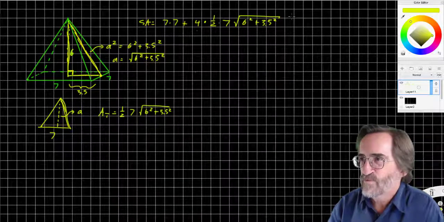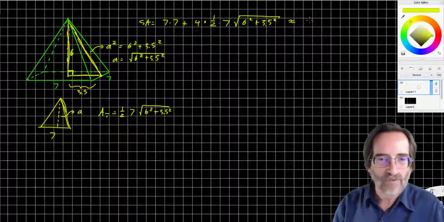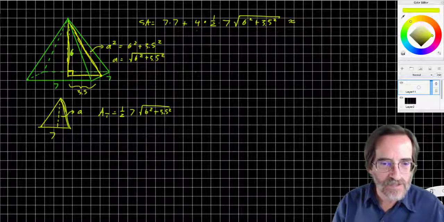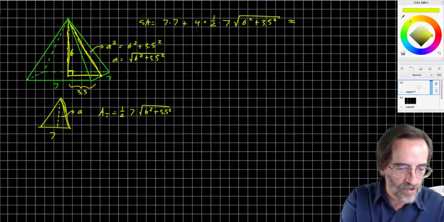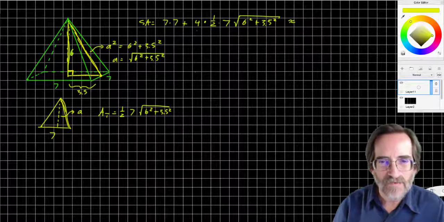And here comes the reason why I left it all alone without working out the numbers here, because we can actually use Desmos to enter all of that at once. Save ourselves some work here.